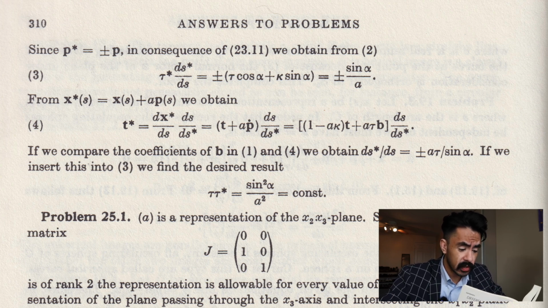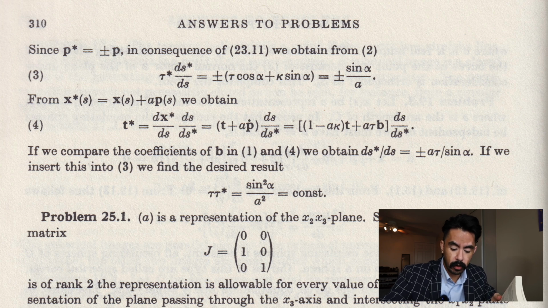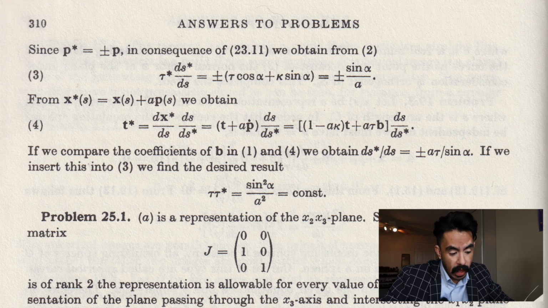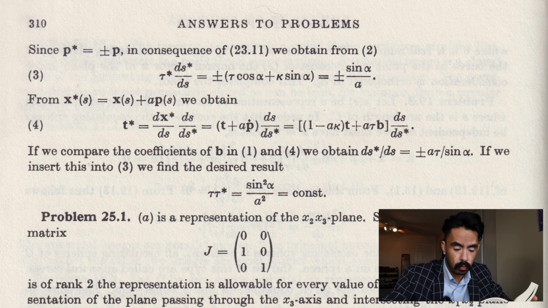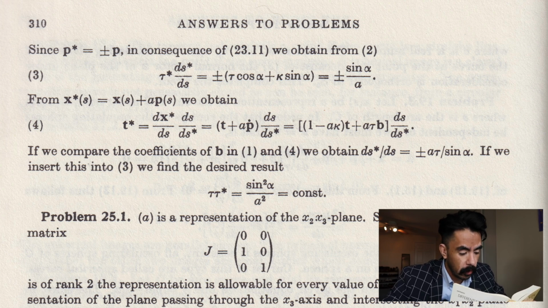If we compare the coefficients of vector b in the initial elaboration that we have for t star equals plus or minus quantity vector t times cosine of alpha plus b times sine alpha, and the previous derivation, 1 minus a times kappa and so on and so forth, we obtain that ds star/ds is equal to plus or minus a times tau over sine of alpha.